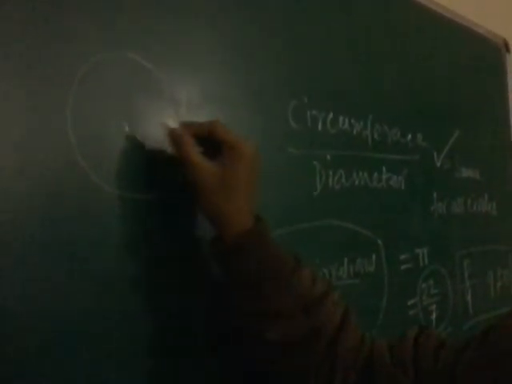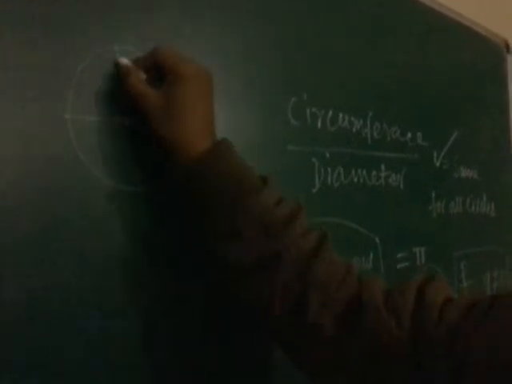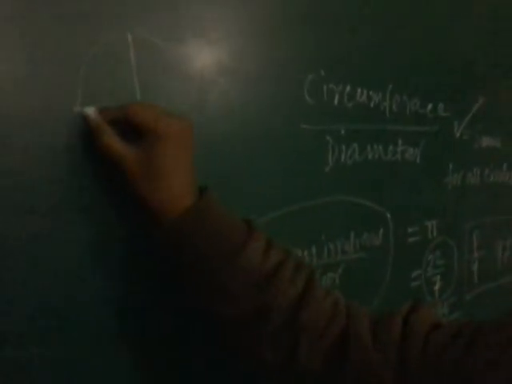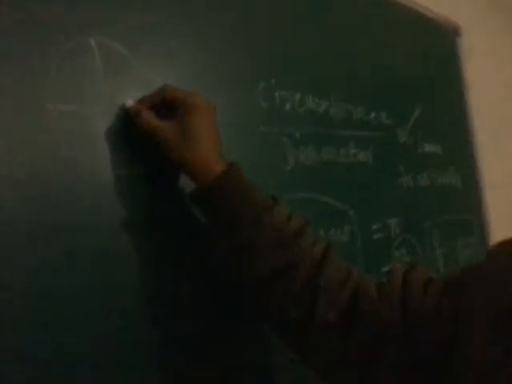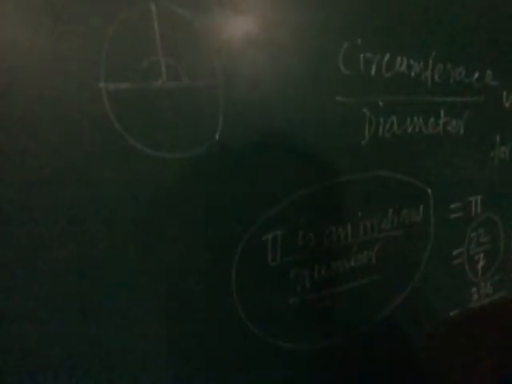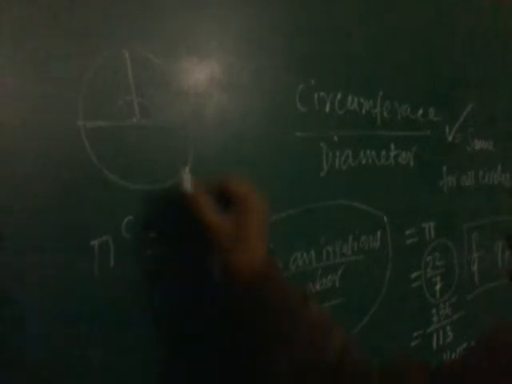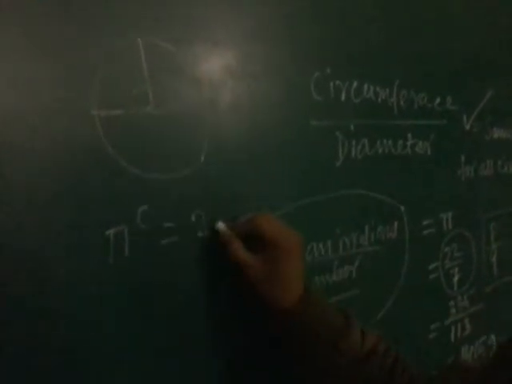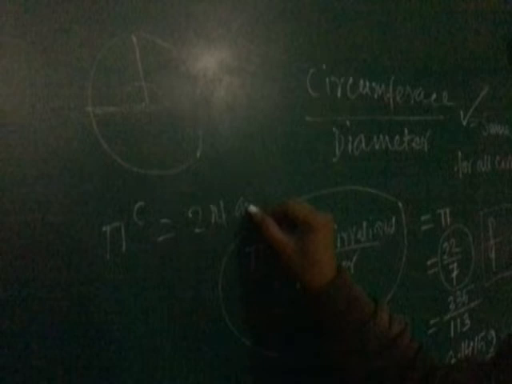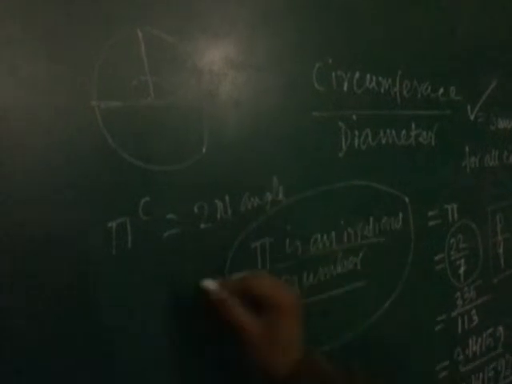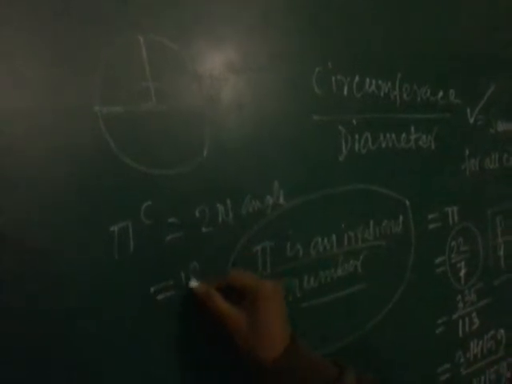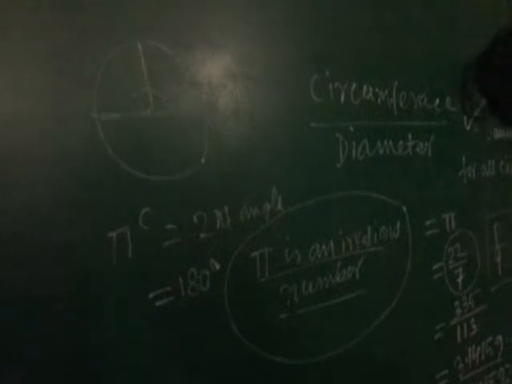In previous classes we discussed that pi means 2 right angles. Pi radian means 2 right angles, that means 180 degrees.